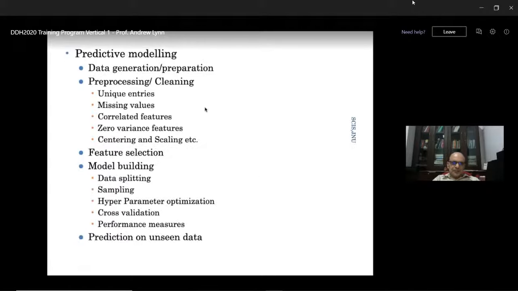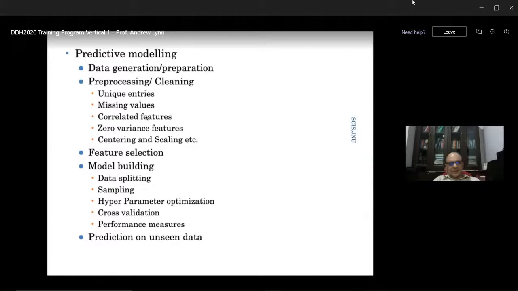Okay. Now I'm going to standardize or get a protocol in place that we're going to use for chemoinformatics predictive modeling. The first stage is to prepare or generate my data. Then we have to do pre-processing. Do we have unique entries, missing values? Are we going to remove correlated features?